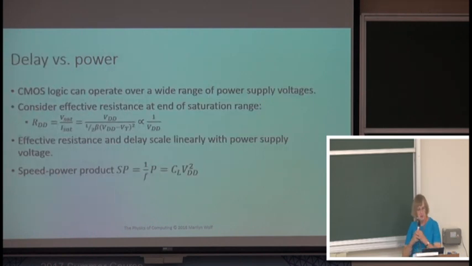So, good news about CMOS is that you can actually run it at a wide range of power supply voltages, right? This isn't true for all logic families. Not many logic families are as flexible as CMOS in the range of power supply voltages they tolerate. So what happens when you reduce the power supply voltage to a CMOS gate?